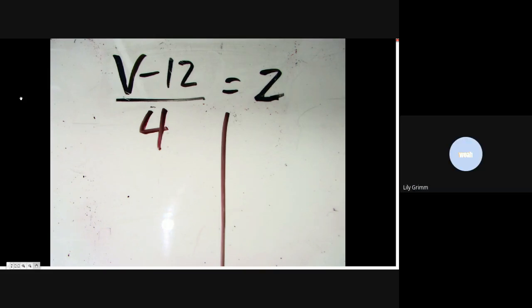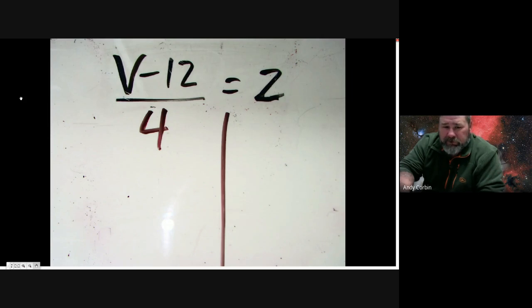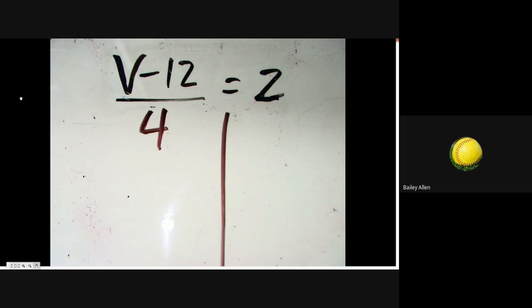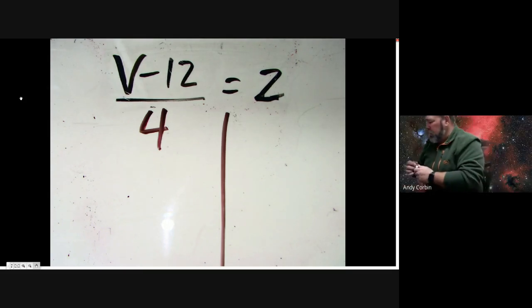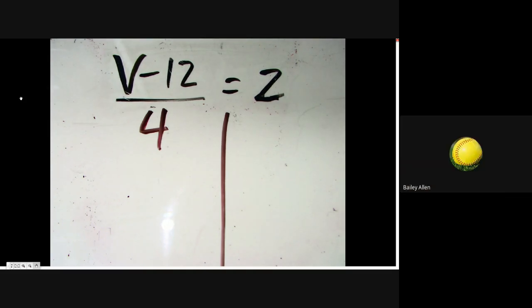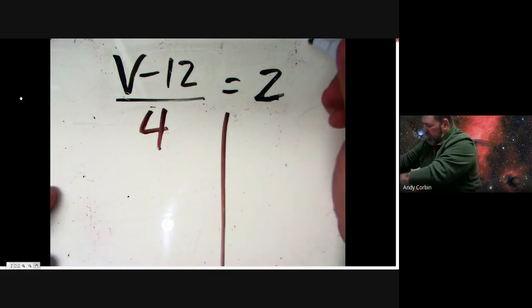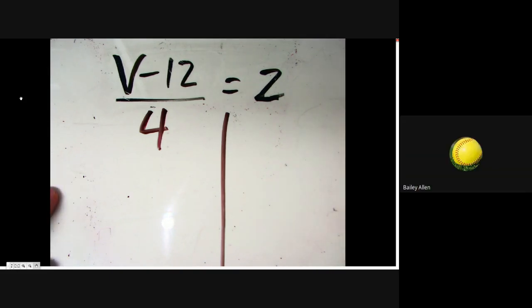Okay, Bailey, are you there? Yes, sir. Okay, Bailey, let's see if you can do it. What do you want to do first? You times 4 by V, like 12.